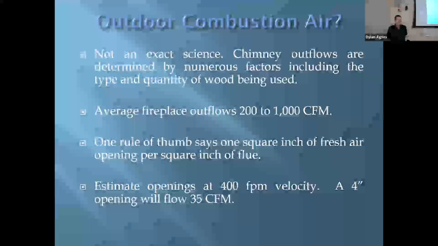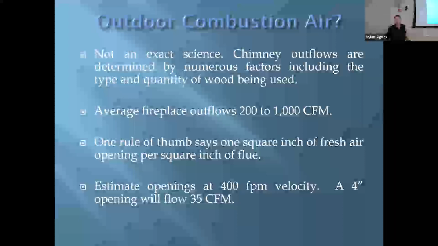When we're trying to look at environmental air, so this is non-assisted air, really the only design parameter that everybody agrees on is that environmental air will flow about 400 feet per minute max without a fan assist.